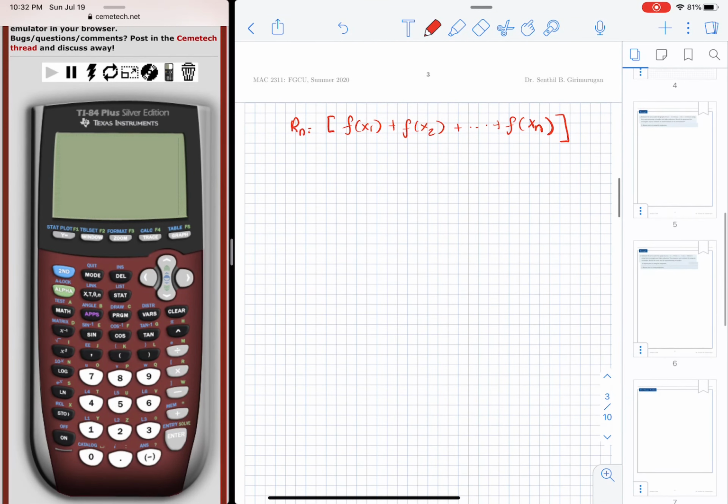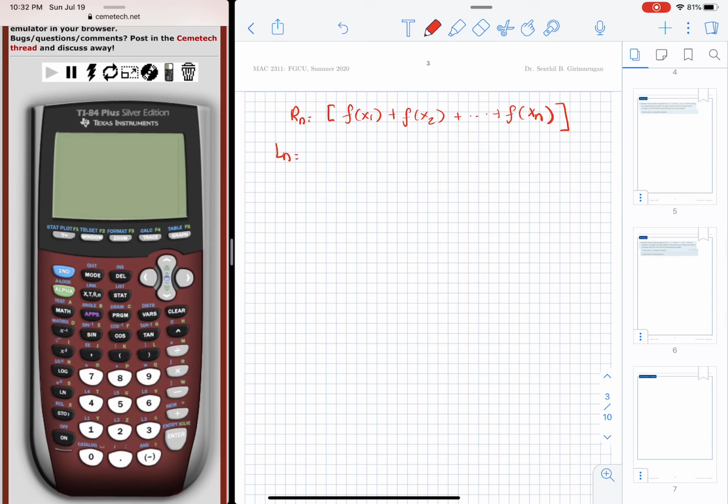The left sum is the summation from i equals 0 to n minus 1 of f of xi times delta x. And the right sum is the sum from i equals 1 to n of f of xi times delta x.